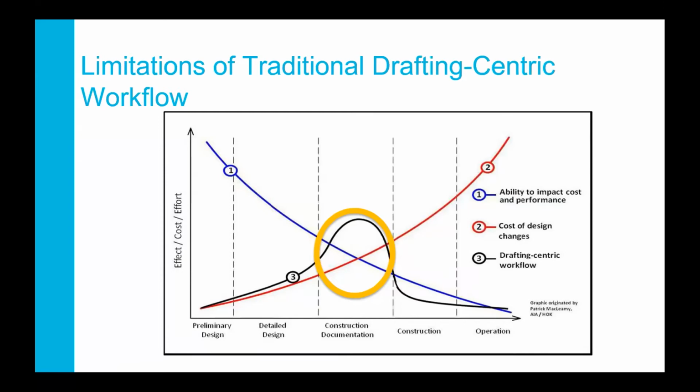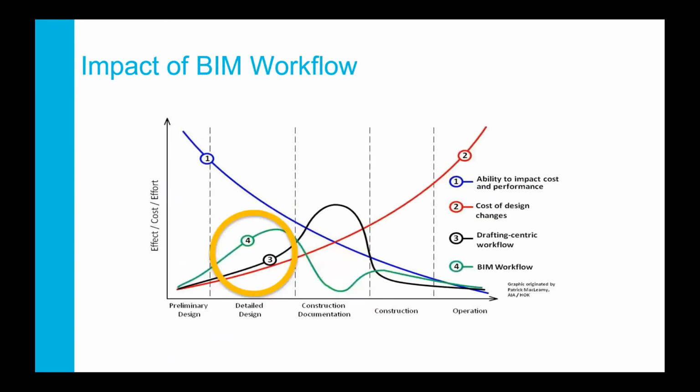Building codes are the guarantee for quality. And it's not necessarily the optimal design. However, with the BIM workflow, this effort goes earlier in the project, to the detailed design, where a designer has more room to make a change, and a project manager or construction manager can give more constructability input to these design elements, so they can come up with the best and most optimized design option, which an owner can select from.